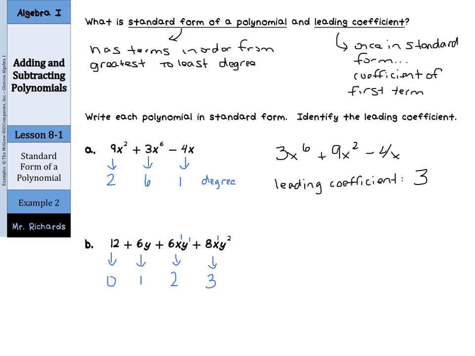So right now these are from least to greatest, and for standard form we need to get it to greatest to least. And so this would be 8xy squared plus 6xy plus 6y plus 12. And that's the standard form of that polynomial. And the leading coefficient is the first one once it's in standard form, and that's an 8.